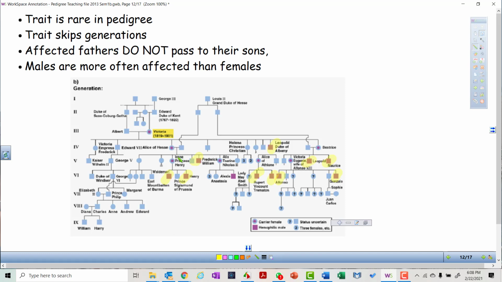As I mentioned before, some of them will use special symbols to represent a carrier. But you'll see there's no affected females in here, because affected females are quite rare. All right? You'll also notice that the trait can skip generations as it goes from mom to son. Fathers never pass on the trait to their son, and males are much more commonly affected.